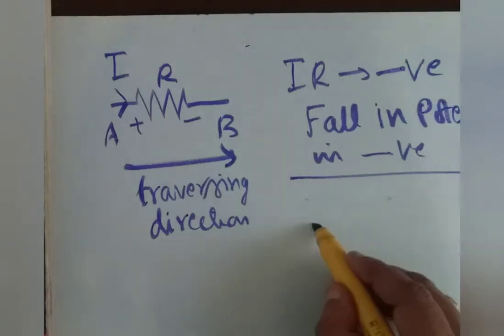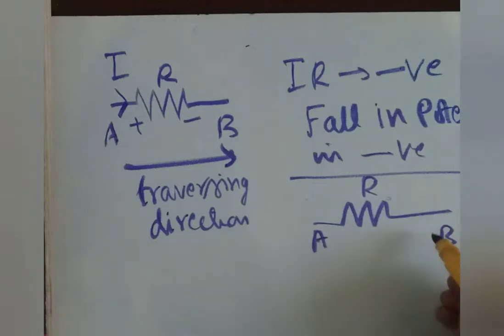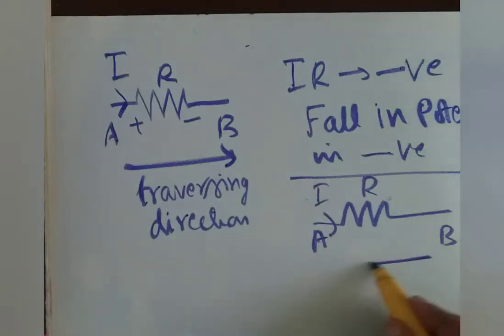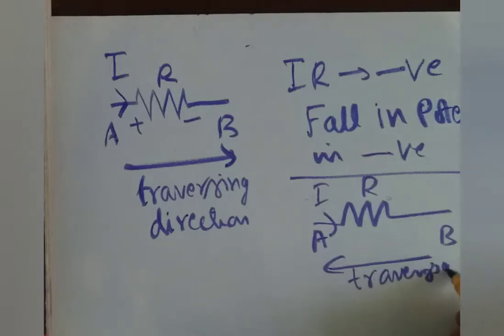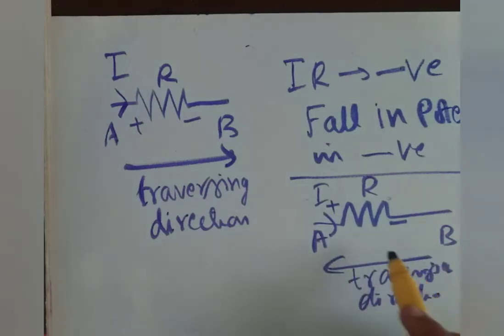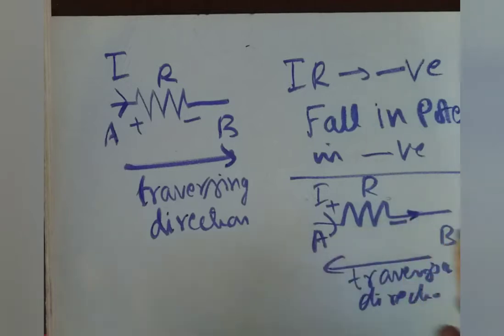If we look into resistance R from B to A, but current flows from A to B as it is here, our traversing direction is B to A. Then we move from the negative end to the positive end, because the negative and positive sides of R won't change as the current flows from A to B. Where the current enters, it is the positive end; where the current leaves, that is the negative end.